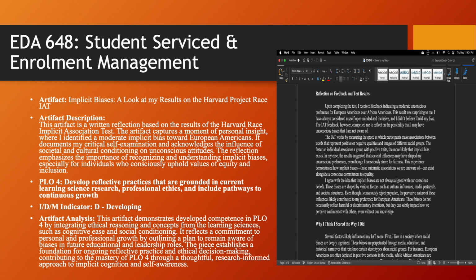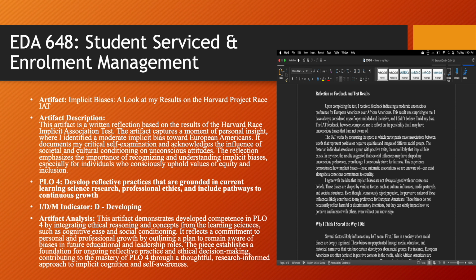It documents my critical self-examination and acknowledges the influence of societal and cultural conditioning on unconscious attitudes. This reflection emphasizes the importance of recognizing and understanding implicit biases, especially for individuals who consciously uphold the values of equity and inclusion.